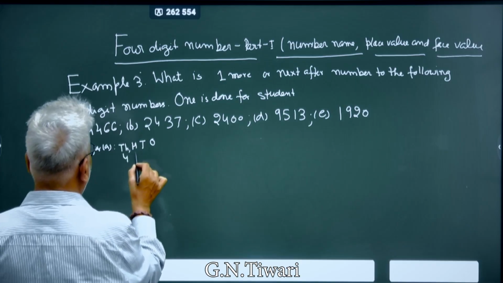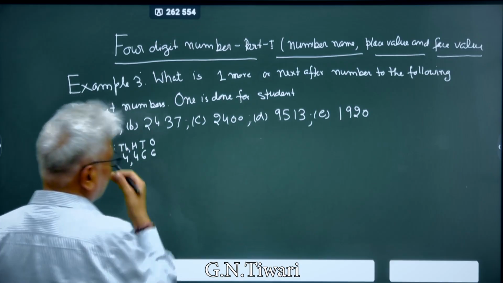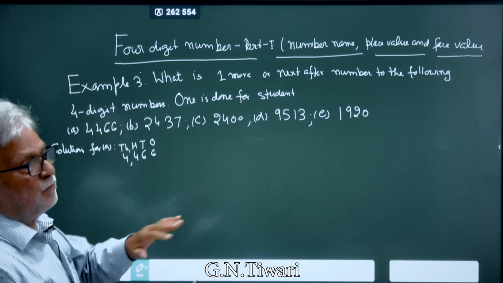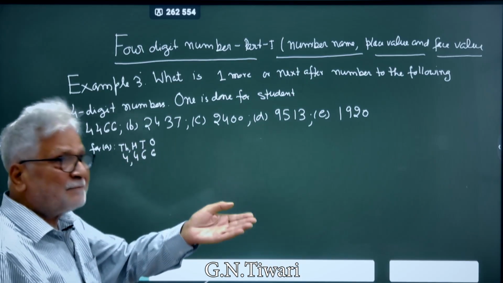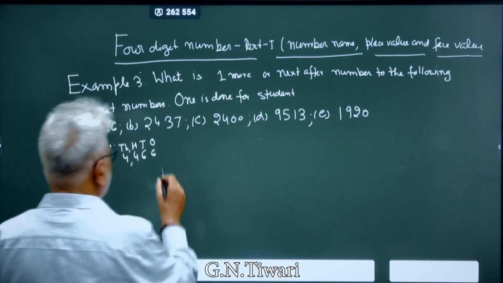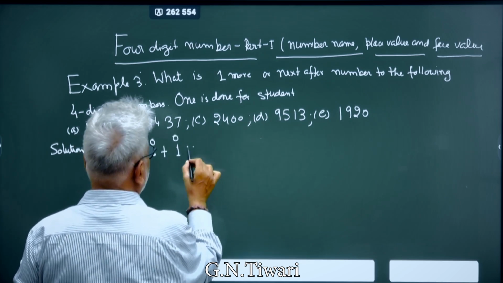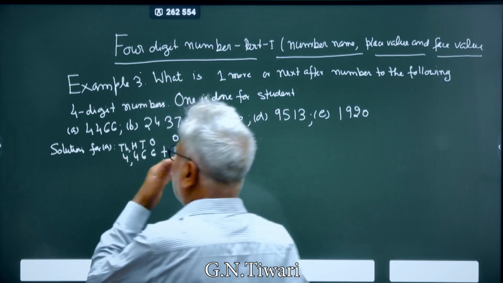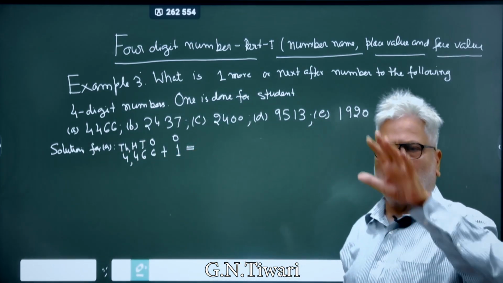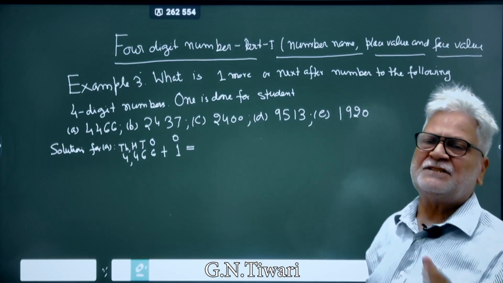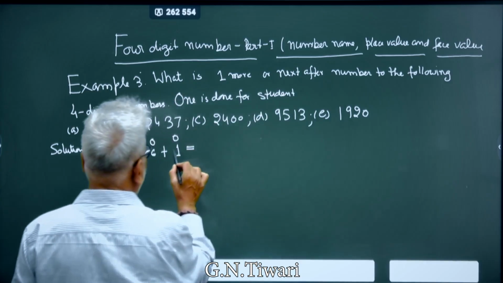4, 4, 6, 6. Now see, one more means you have to add 1. Or next means the next number you can get by adding 1. So plus 1, and it is also ones. This is known as horizontal addition. There is no need for vertical addition, but horizontal addition is important. Here it is ones, here it is ones.